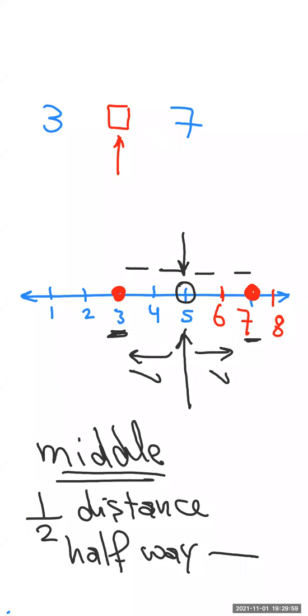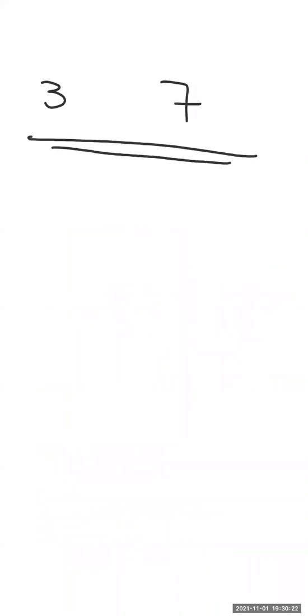All these words have the same meaning, right? Okay, so again, take this question one more time and solve it using the following rules. Find the number which lies between 3 and 7 at the middle distance between them, or halfway between 3 and 7. Actually, there are two rules to solve this question.